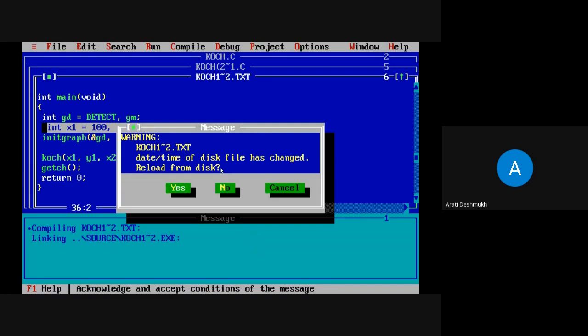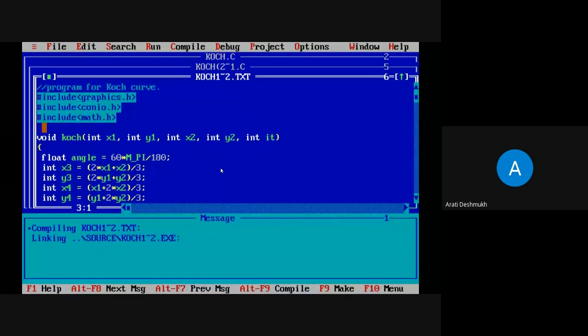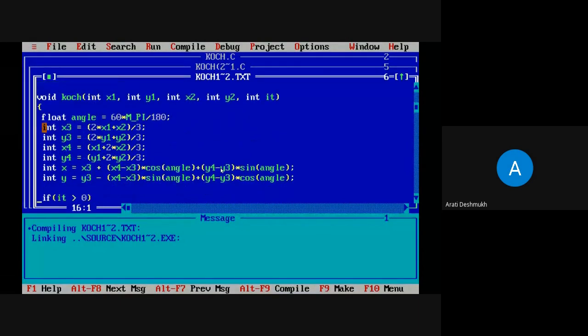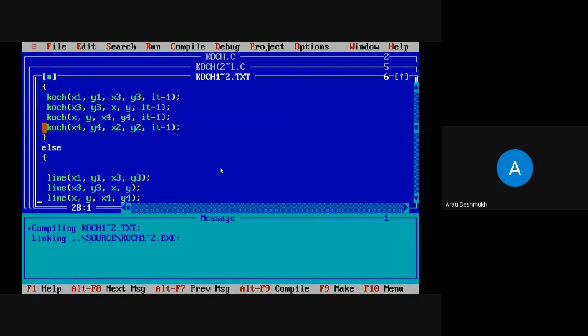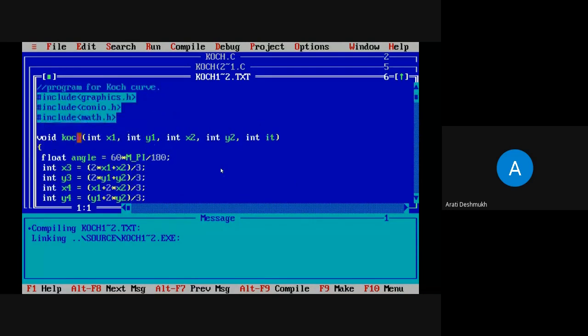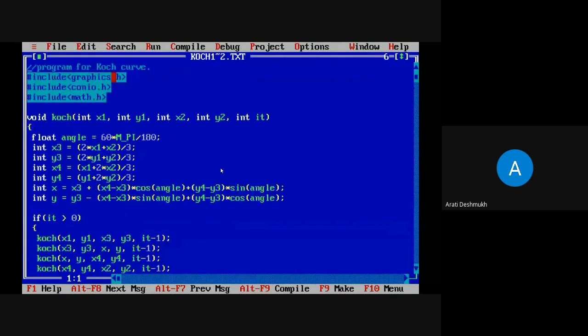We can directly draw it like this. For this, we are using the angle values, and it can be drawn like this.